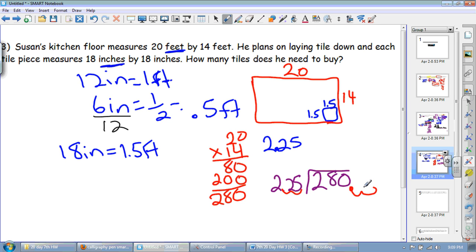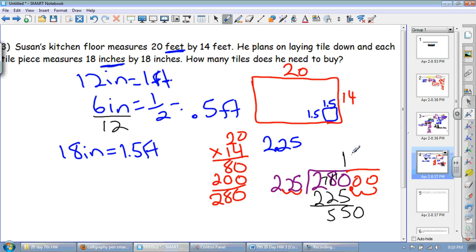Now how many times does 225 go into 28,000? Well, 225 would go into 280 once. There's 225. We subtract here. It's going to be 55, so 225 into 550 will go twice.